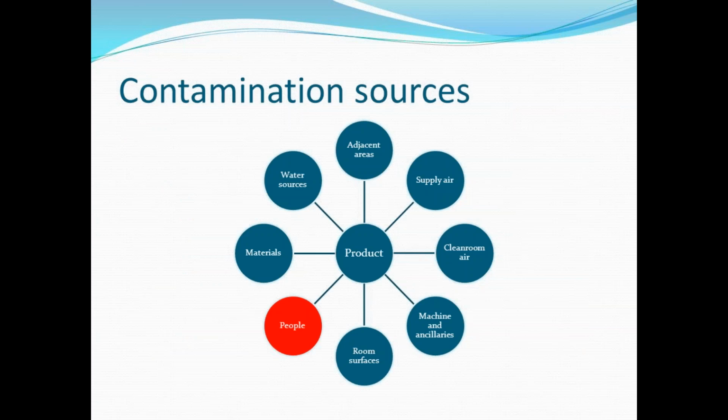Okay, now there are different sources of contamination within clean rooms, and the chart there displays some of those ones, and people has been highlighted in red because it is the most important source of contamination. But just looking at some of the others briefly, there is air, and air carries microorganisms in air streams, so it can distribute contamination around a room.